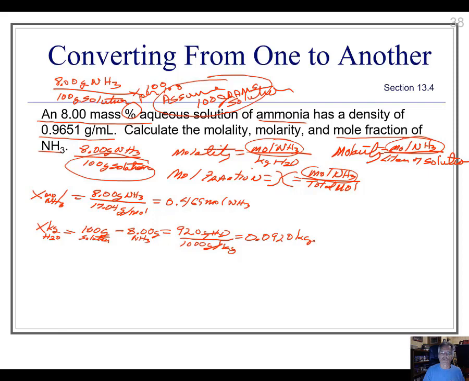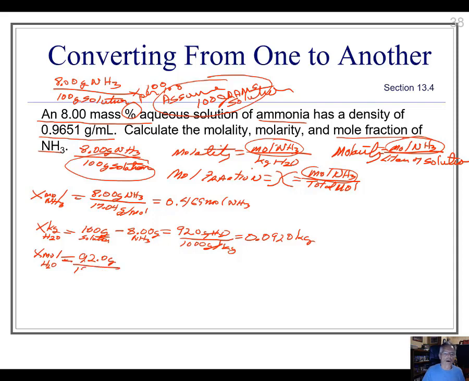All right, I can go ahead and get molality now by dividing my 0.469 moles of ammonia by my 0.0920 kilograms, but I'd like to go ahead and find out how many liters of solution I have and what the mole fraction is. So I think the easiest way to do that is to go ahead and get moles of my solvent water. This is H2O. So I've got 92 grams of water.